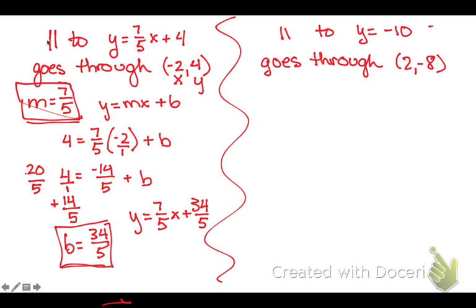What kind of a line is that? What's the slope? Negative 10 over 1. What's the slope? 0. Because is there an x? No. It doesn't have an x, does it? So for the x to be gone, the slope had to be 0, didn't it?